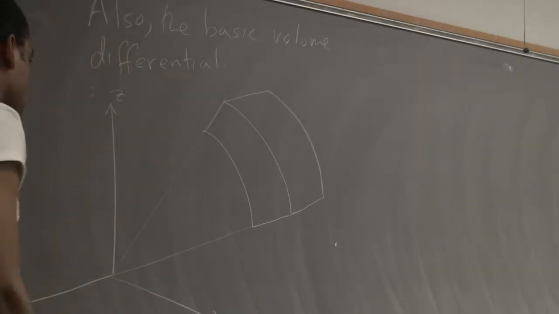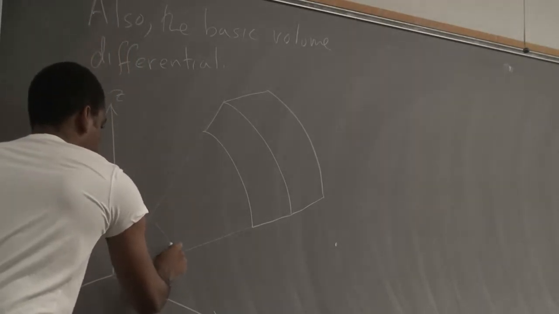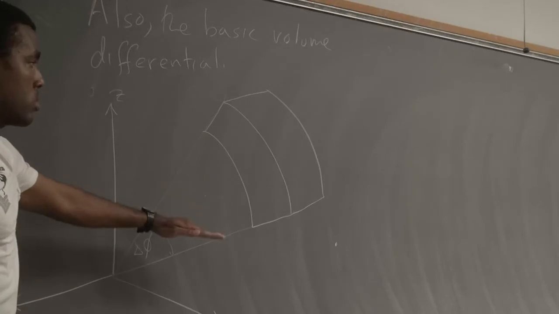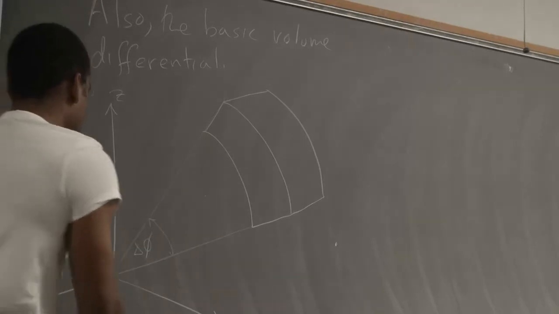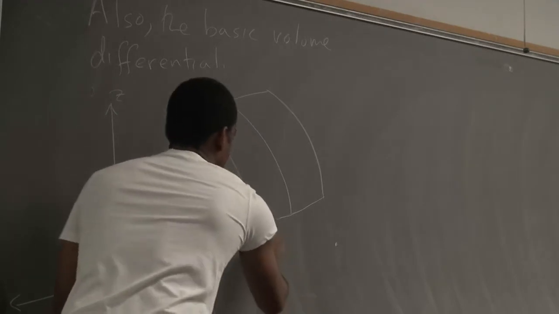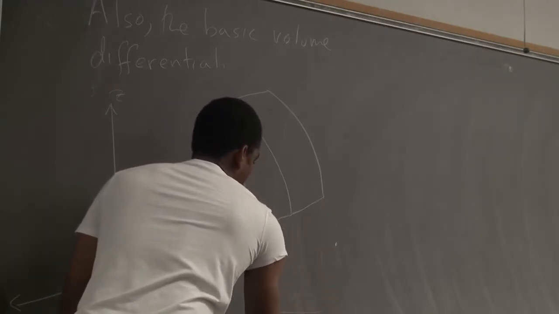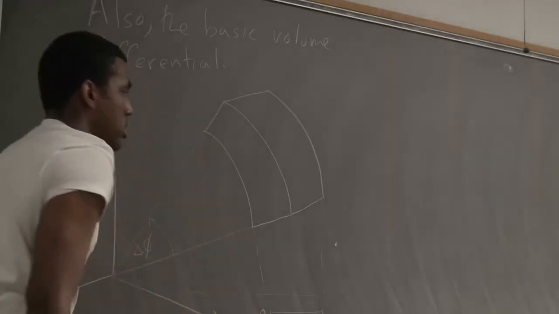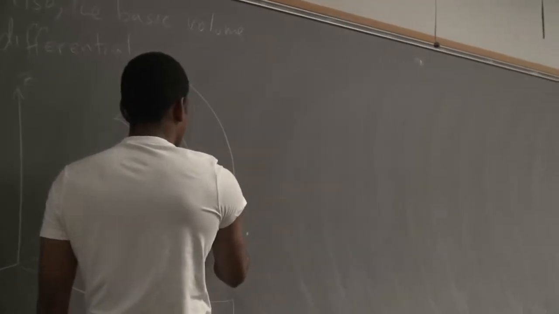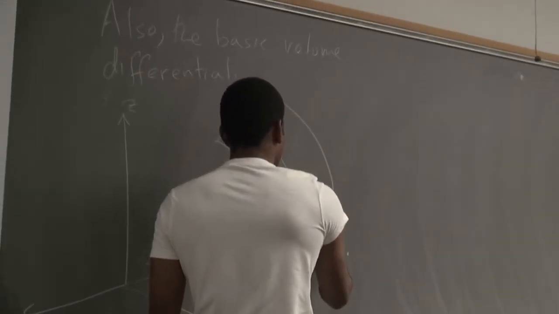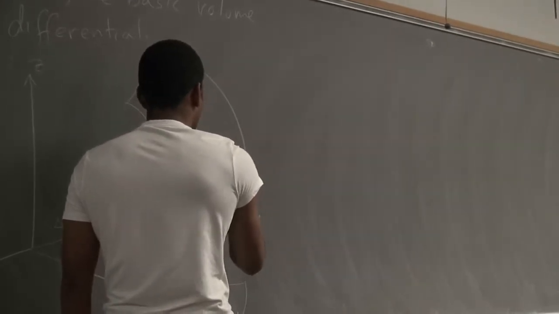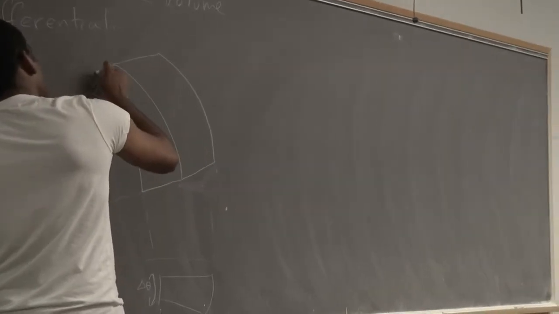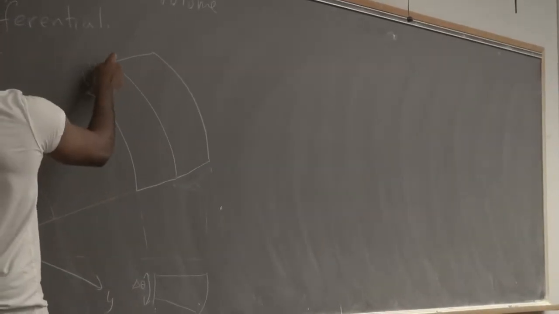That would be what the basic differential unit looks like. This is the delta phi. The change in phi is what would give you the height of this unit. The change in theta below, if you project this down, you get a rectangular part where the change in theta gives you the length of this. We're going to be figuring out these guys. So this is the change in rho going from this point to that point.